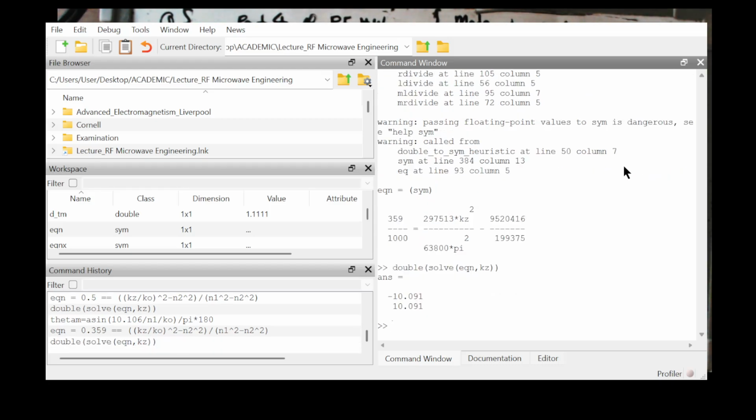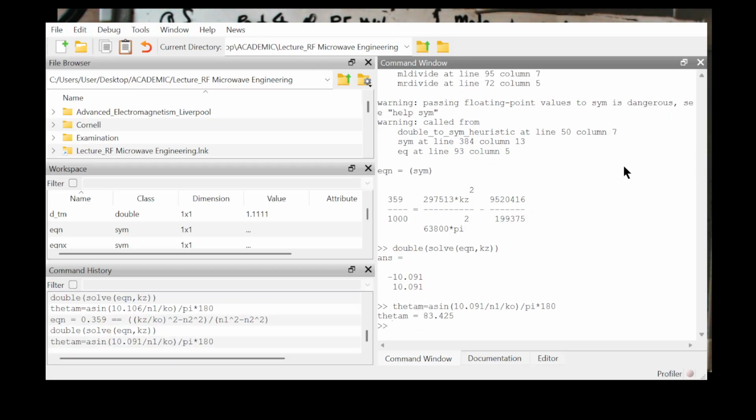It's 10.09. And I'm going to use this to work out the angle corresponding to this propagation constant. And I got 83.43.